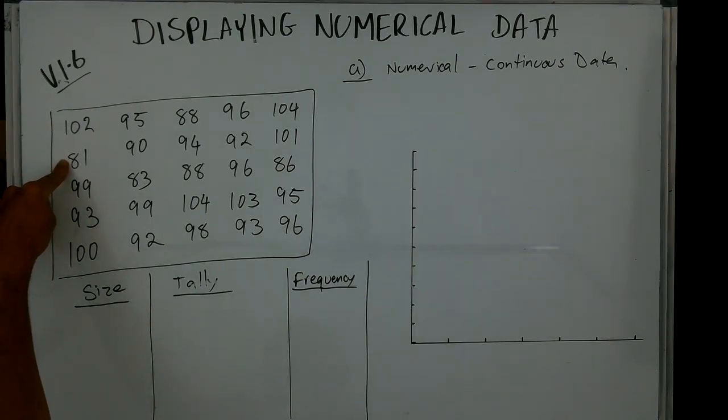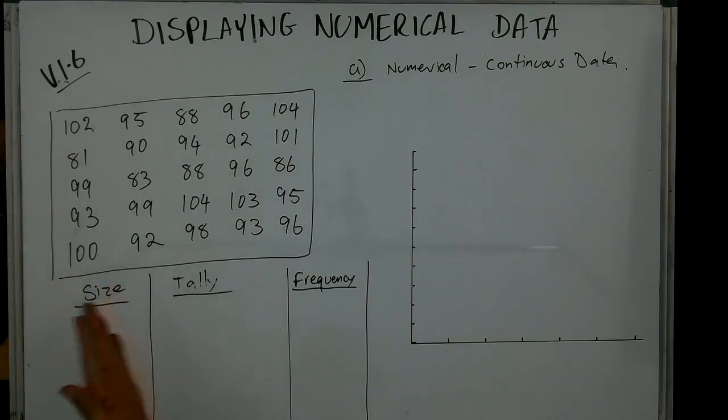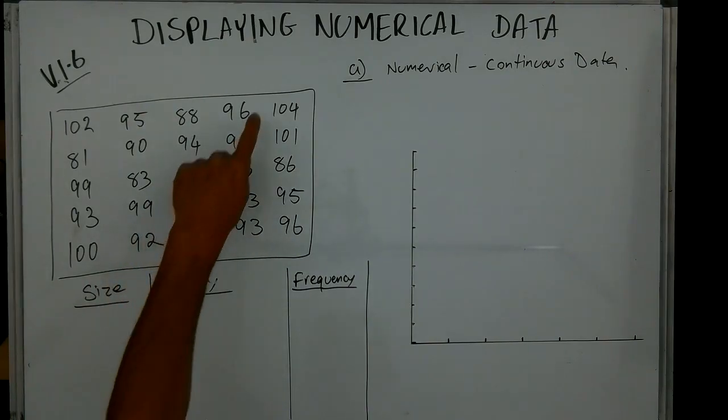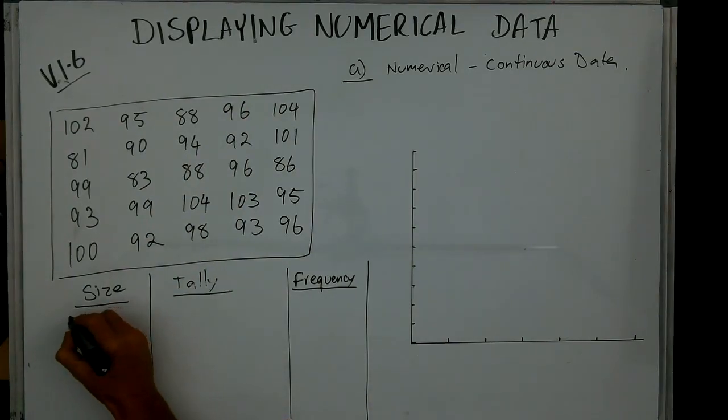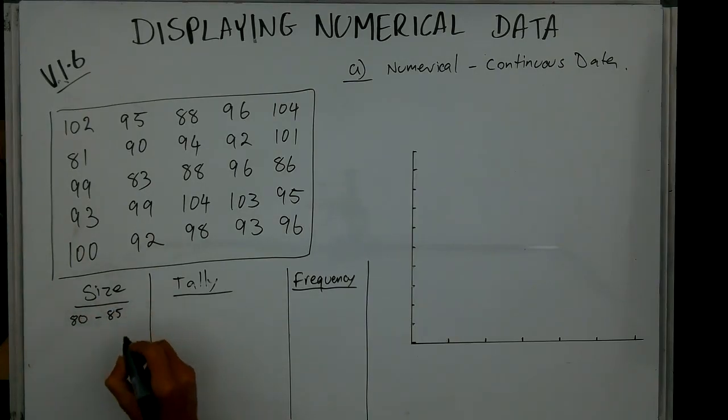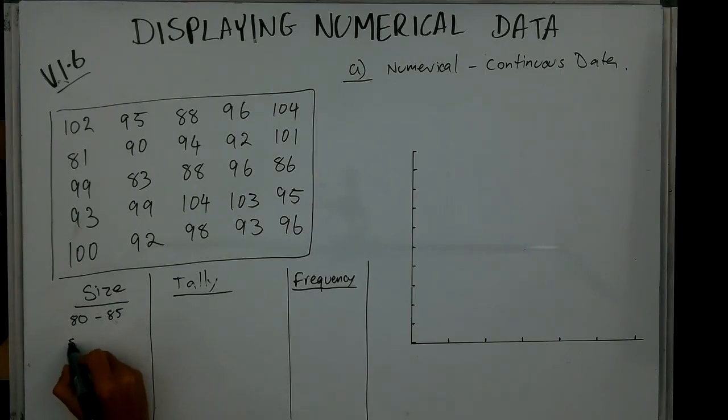So my groups go 80 to 85, but not including 85, then 85 to 90, 90 to 95, 95 to 100, and 100 to 105.